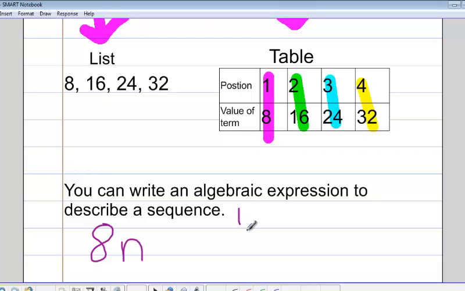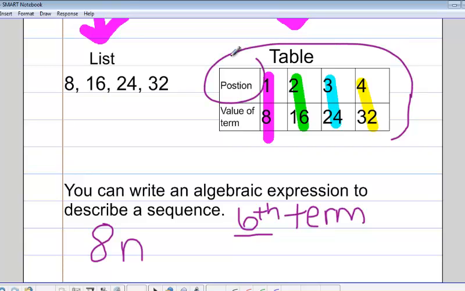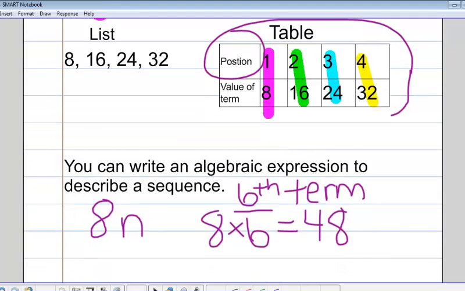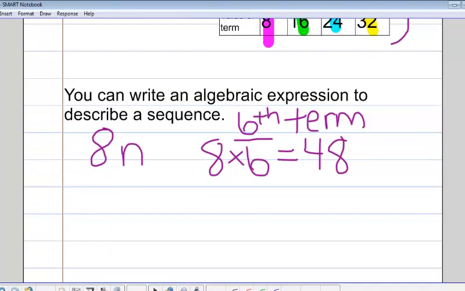If I wanted to find the 6th term, I would take 8 times n, which represents the position of the number. So it would be 8 times 6, which would give me 48. This is a way that you can jump ahead and see the terms quite a ways down the line.